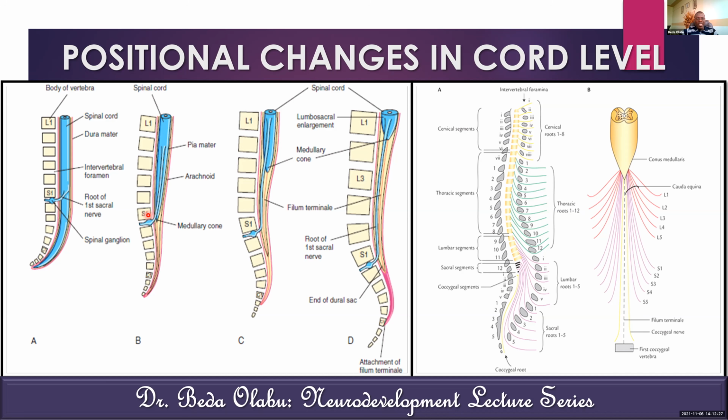That means it has hung a bit. And for that reason, the spinal nerve roots that were originally almost horizontal like that will now be pulled upwards in this manner, so that they'll be having a vertical orientation first before they have a lateral orientation or a transverse orientation.